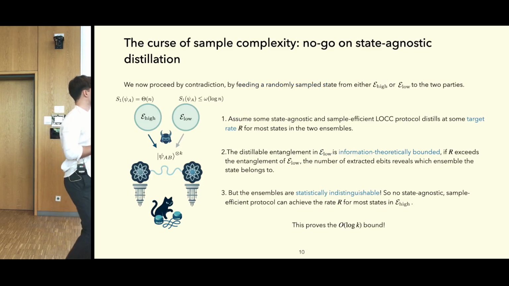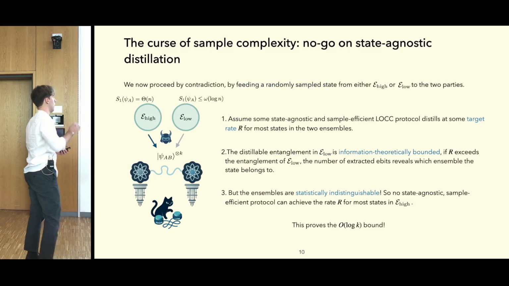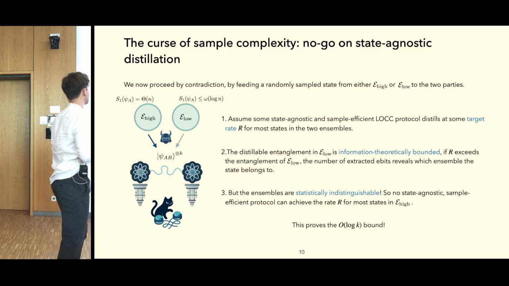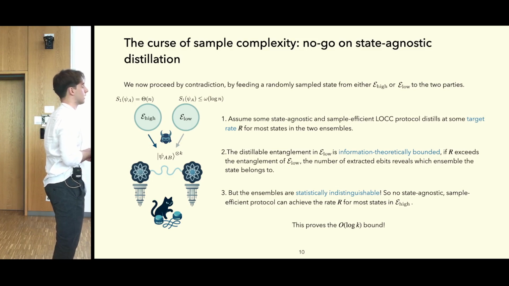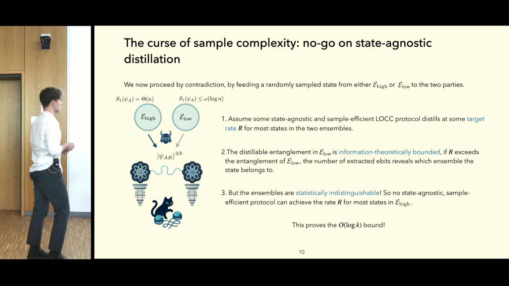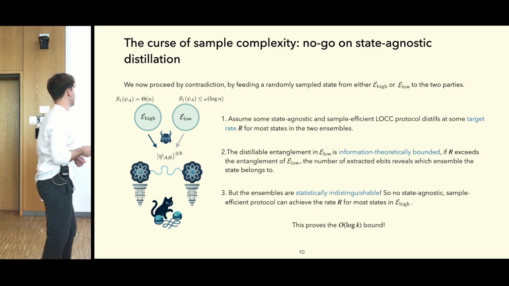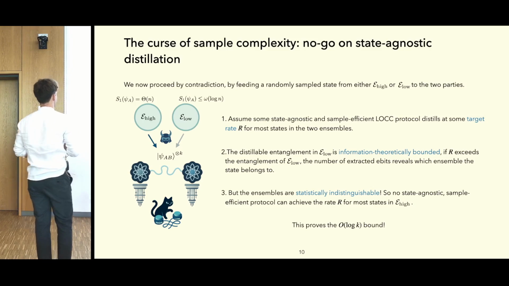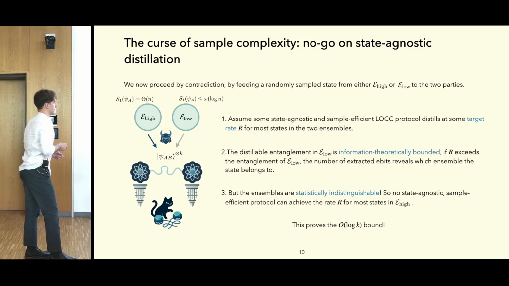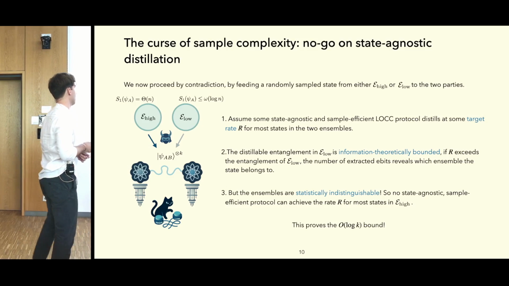And now it's very simple to show, using this construction, how we can get the log K bound. So first we assume by contradiction that there exists some state-agnostic and sample-efficient protocol that achieves some given rate R. In particular, this rate R exceeds the entanglement content in the low-entanglement ensemble, since the extractable rate in the low-entanglement ensemble is information-theoretically bounded by the von Neumann entropy.